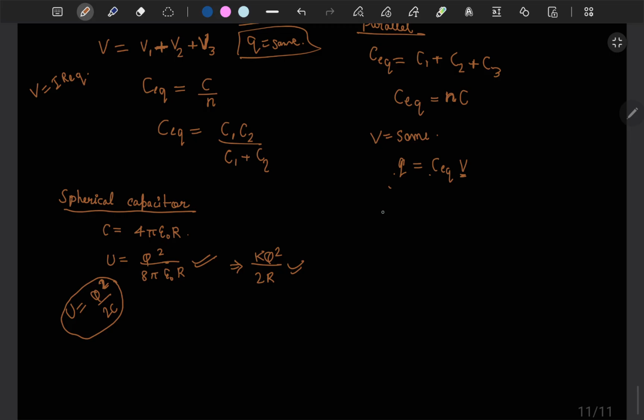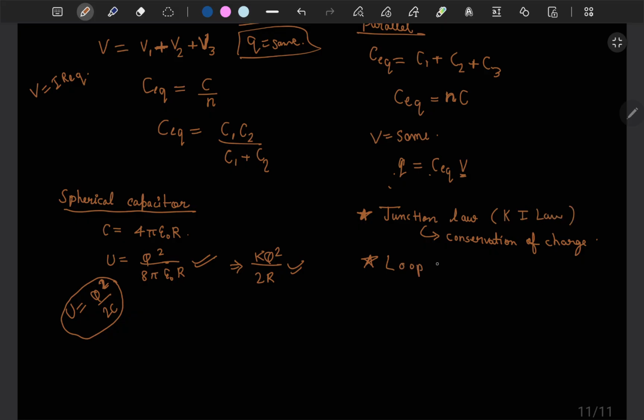Let's talk about Kirchhoff's law. Kirchhoff gave the junction law and the loop law. We will be learning more about it in the current electricity chapter, but we have the basic idea here. Junction law is based on conservation of charge. It is Kirchhoff's first law.